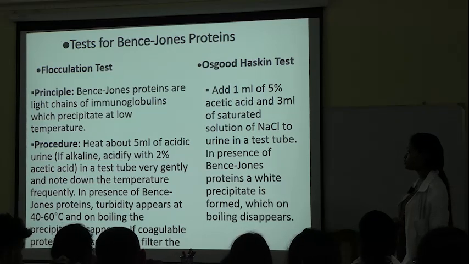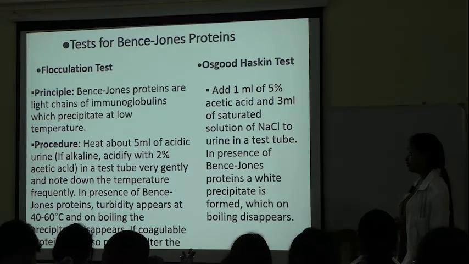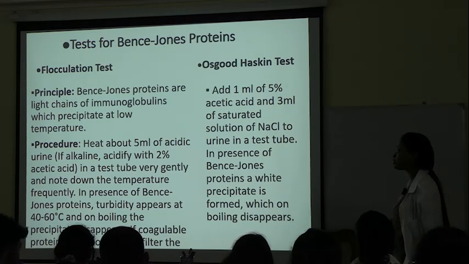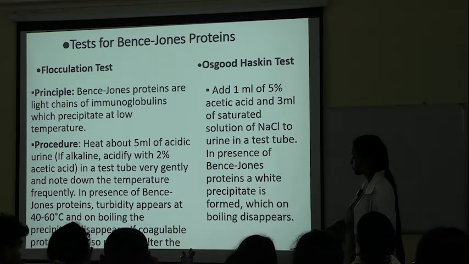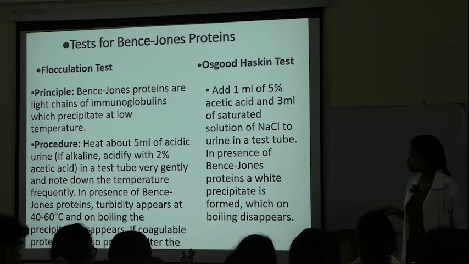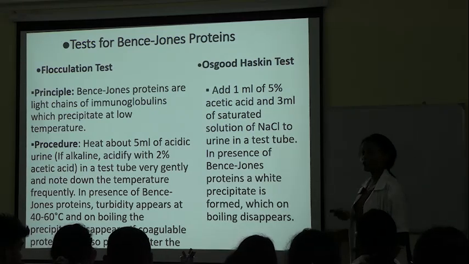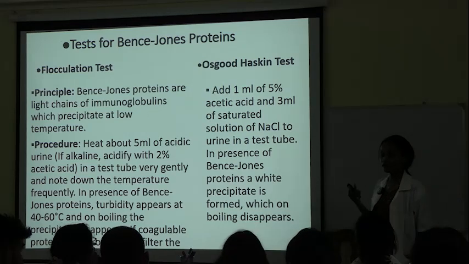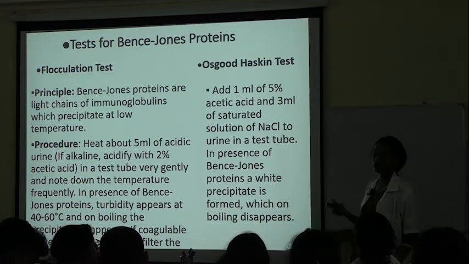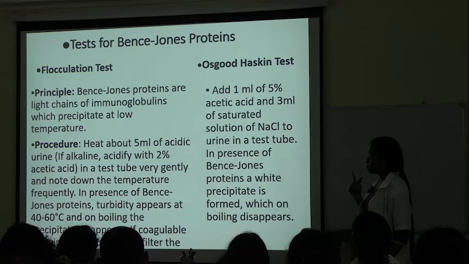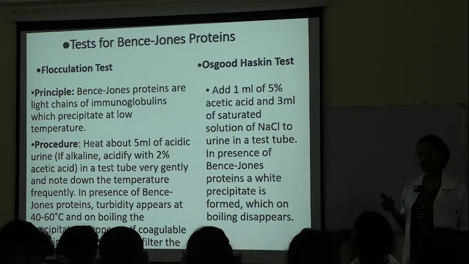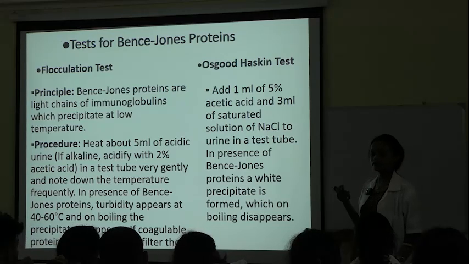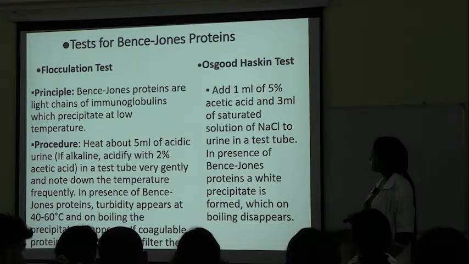In presence of Bence-Jones proteins, turbidity appears at 40 to 60 degrees Celsius, and on boiling, the precipitate disappears if coagulable proteins are also not present. If coagulable proteins are present, then filter the upper white part of the solution and let the solution cool down, because Bence-Jones protein precipitates at cool temperature, and after cooling down the Bence-Jones protein precipitates.